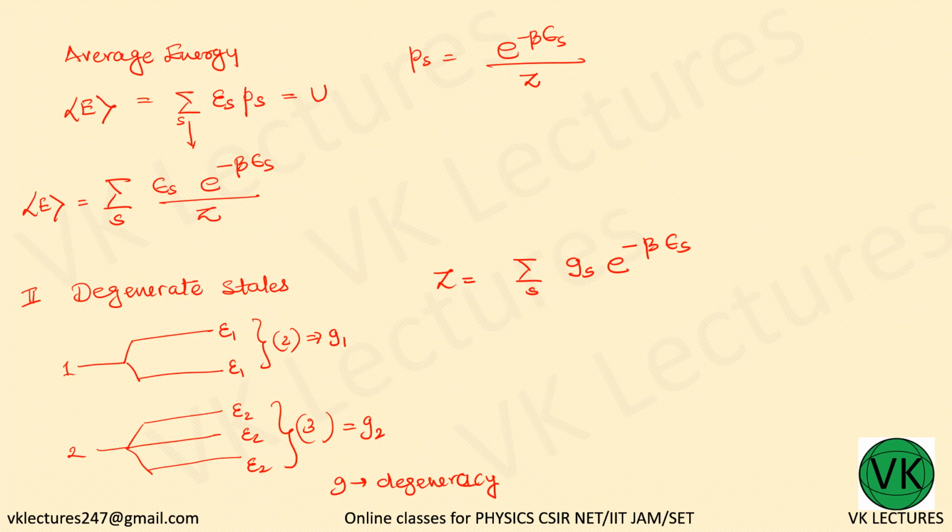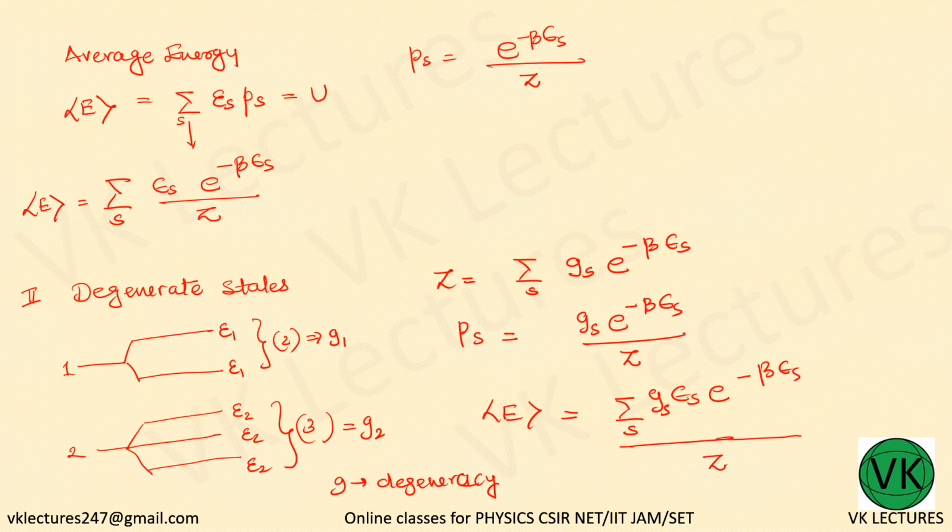Similarly, the probability Ps will also have the same term, Gs e to the power minus beta Es divided by Z, and we have the average energy E given by sum over S of Gs Es e to the power minus beta Es divided by Z. So this is the average energy.